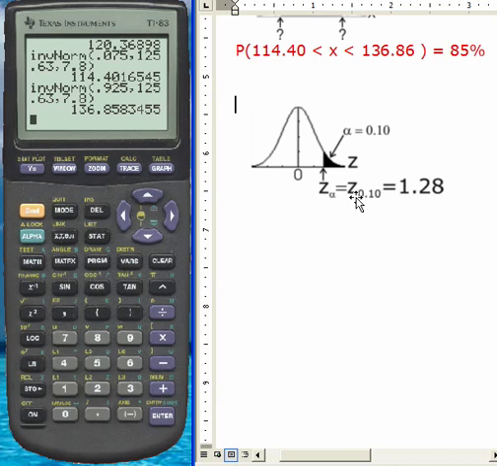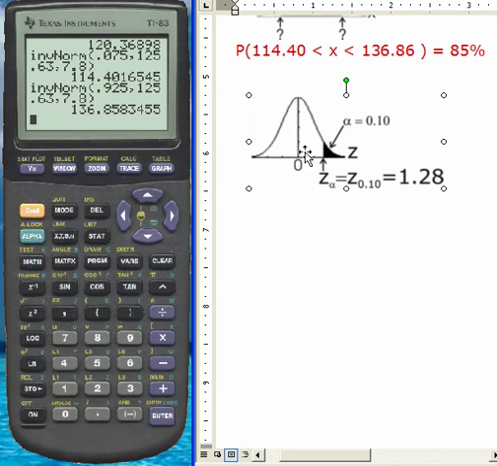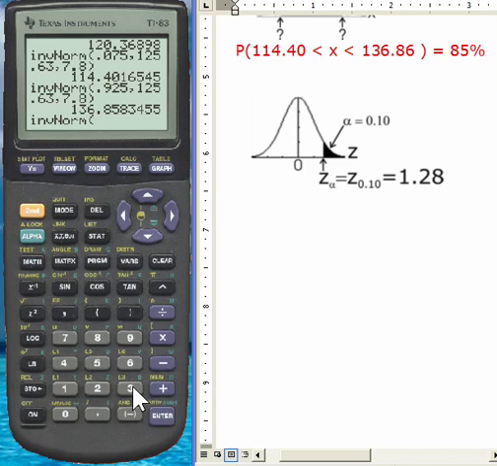So your first goal is to understand this notation, what it's telling you. Once you've got that, then you probably would realize that, oh, I've got to use inverse norm to find that. So I'm going to press the yellow second key and then vars, 3 for inverse norm. Now what's the area to the left? See, it gave me the area to the right.